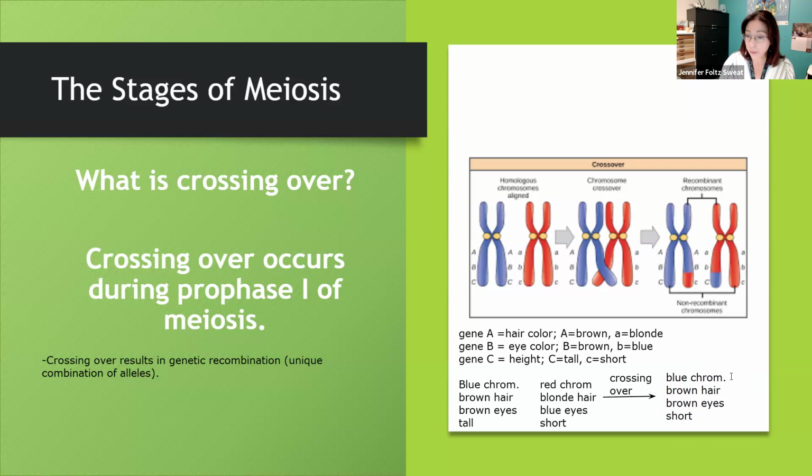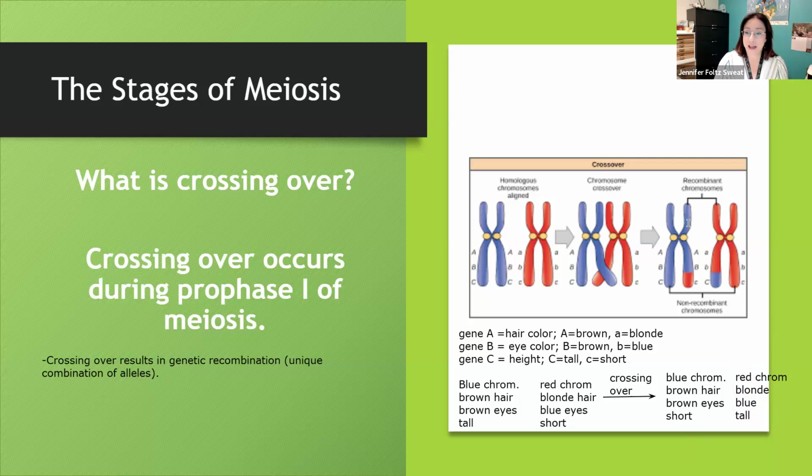Whereas the red chromosome, you have blonde hair, blue eyes, tall. So this is a new combination of alleles.